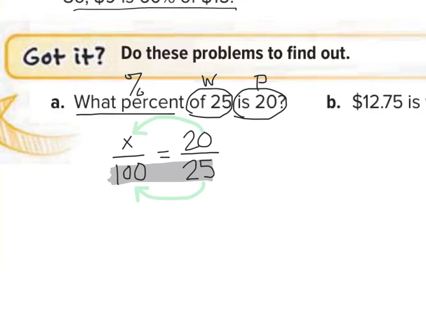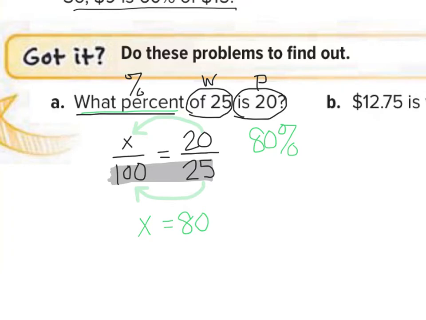So we can figure out that the solution would be x equals 80. And since 80 is supposed to be the percent, then you would add a percent sign to the answer to answer their question. What percent of 25 is 20? That would be 80%. If you got 20 out of 25 on a quiz, then that would be 80%.